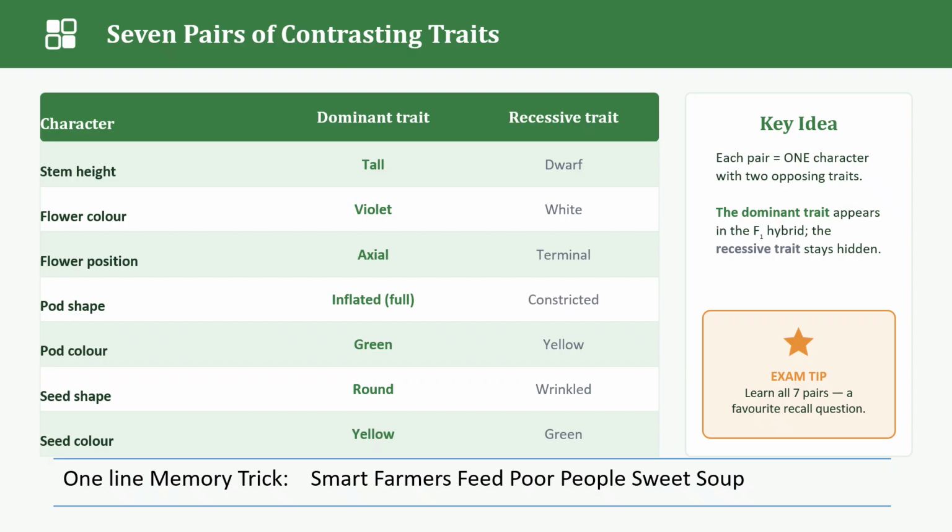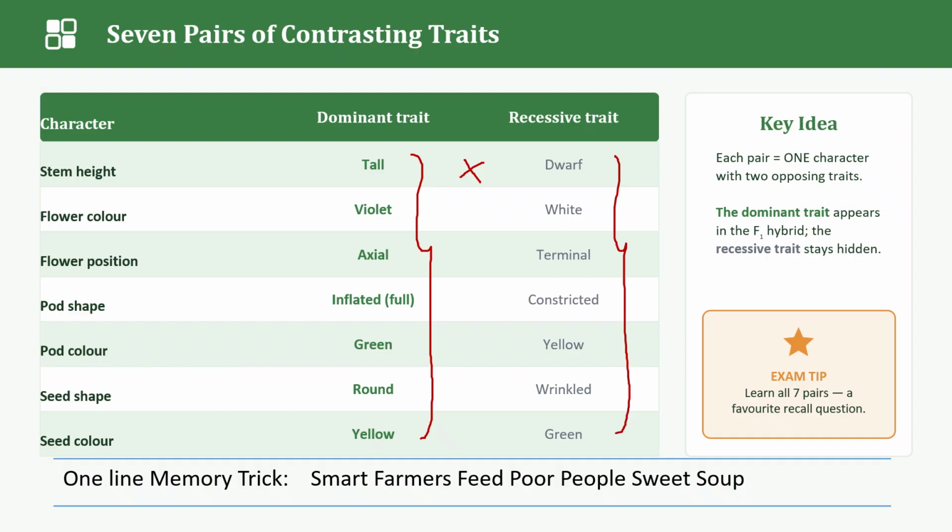When Mendel crossed these 2 contrasting parents, what happened? Only one trait appeared in the first generation. The visible trait was called the dominant trait, and the hidden trait was called the recessive trait.